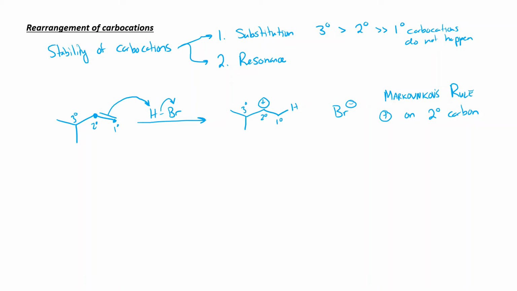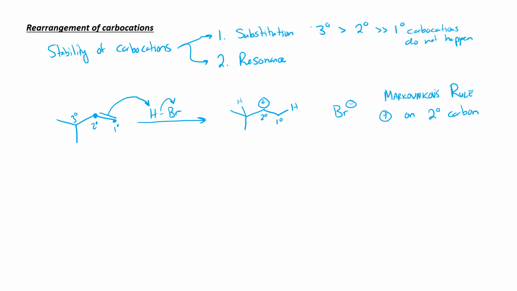But what can happen is that now that we have a carbocation, we can see that we have this hydrogen, and we have all these electrons in these sigma bonds.